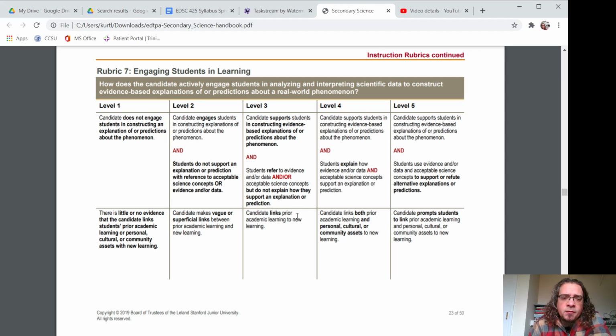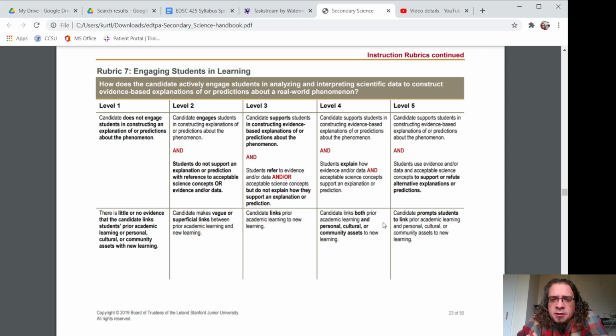Candidate links prior academic learning to new learning. Okay. So that's level 3. Level 4, candidate links both prior academic learning and personal, cultural, and community assets to new learning. And you would have seen that. You may remember that kind of phrasing already from one of the task 1 rubrics.